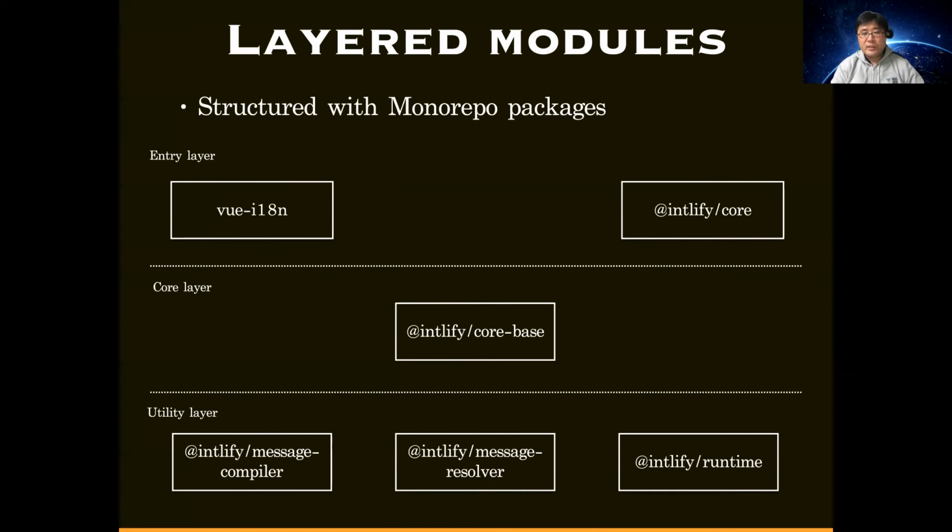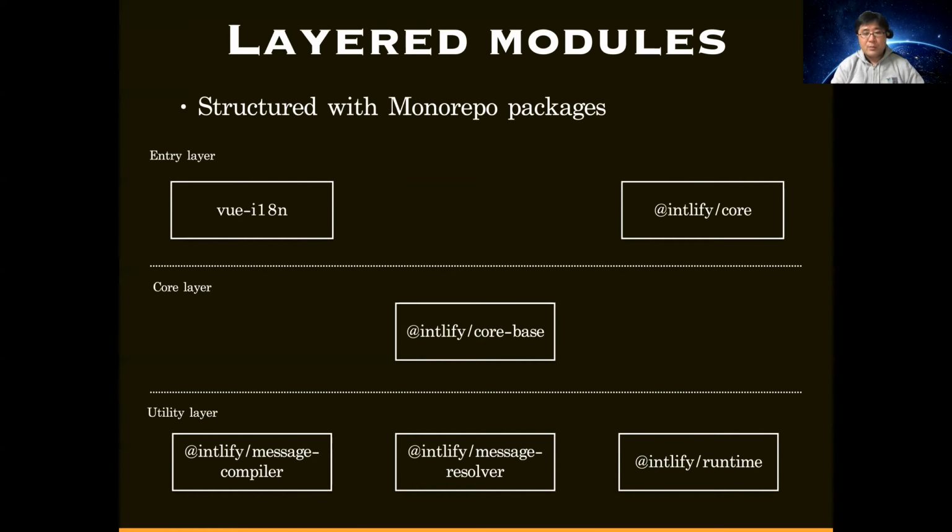The utility layer consists of intlify message compiler, which compiles Vue I18n messages; intlify message resolver, which resolves the message from the corresponding message resources for each locale based on the message key specified by the translation functions; and intlify runtime, which is the runtime required to run the compiled messages.